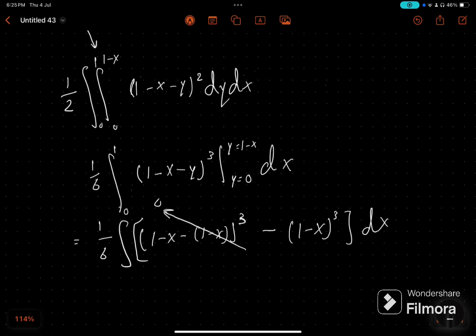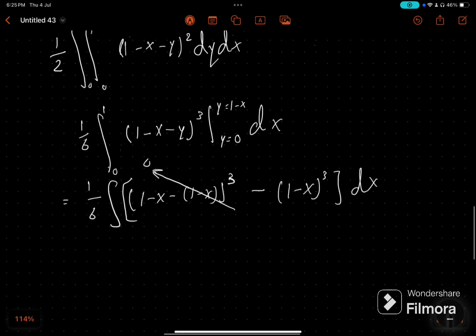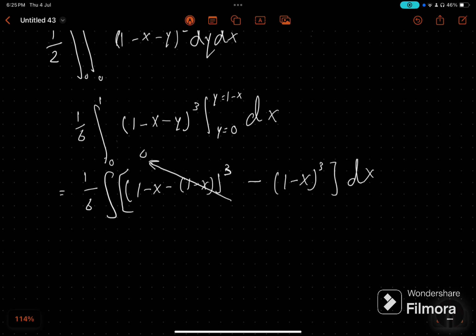And now we'll just have this value that we're gonna try to evaluate. We have 1 over 6, the integral from 0 to 1, and we have a minus sign, 1 minus x all to the 3.